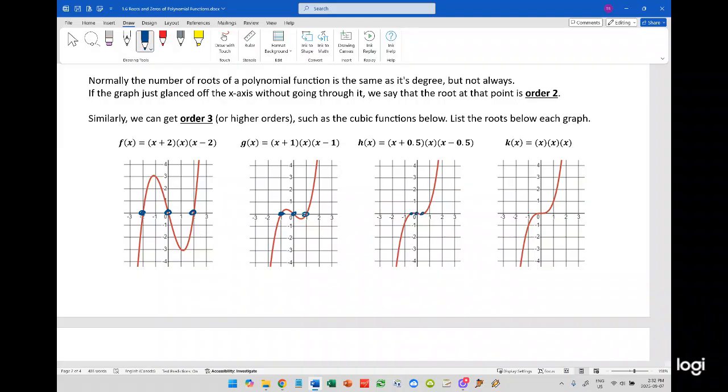But they're very close. And here we only have one number, and that's 0. Well, if you think about this, this is just x cubed. So the only value of x that will make that 0 is 0. But we can think of that as 3 roots. They're just all the same. They're all zeros. So zoom in on that one.